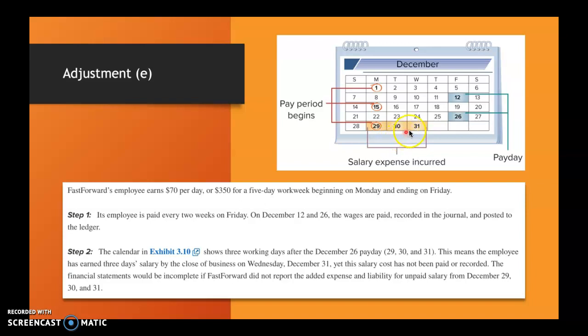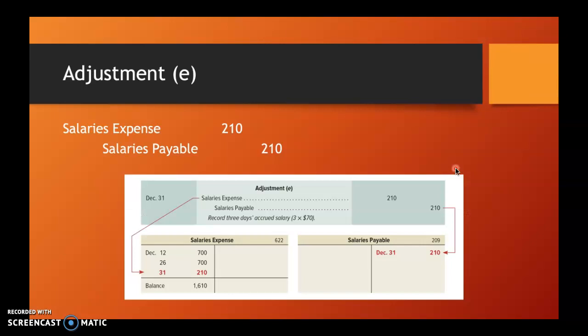So we need to record the 3 days' worth of wages that were performed in December at the year end here on the 31st. Even though January 1st and 2nd will be included in this pay period, because they are not in the same year, we cannot record the entire expense. So what we need to do is calculate how much salary was earned in December by the end of the year.